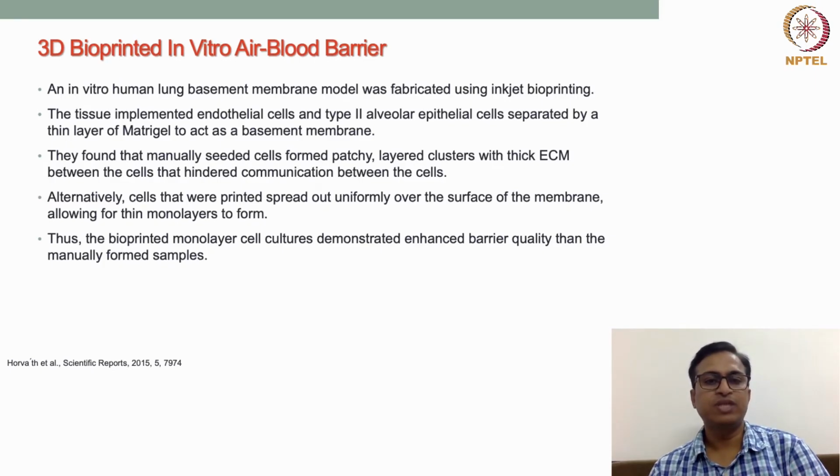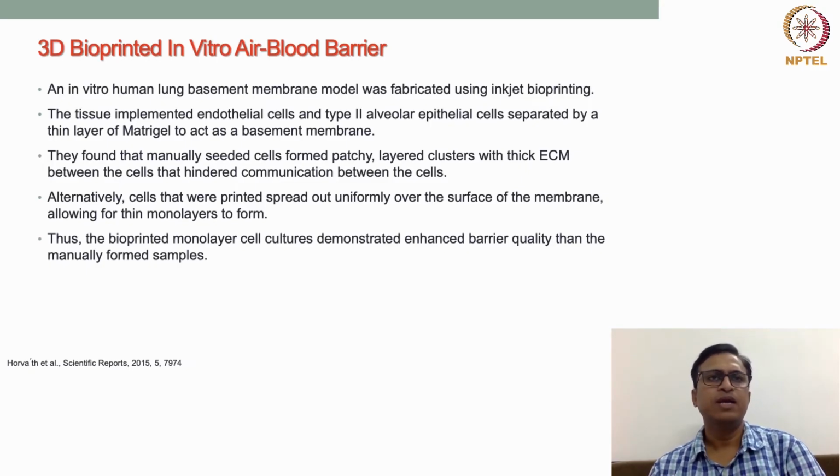In this case, they used the inkjet bioprinting technique, and also two different types of cells, endothelial cells and alveolar epithelial cells. These two cells represent the alveolar and the blood vessel, vascular structure. They also used a material that acts as a basement membrane, Matrigel.